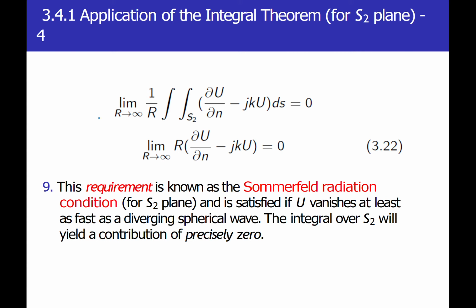In the case of these assumptions, we have this requirement: R times (∂U/∂n − jkU) should be 0. This requirement is the Sommerfeld radiation condition, and the integral over S2 will yield a contribution of precisely 0 if the Sommerfeld radiation condition is met.